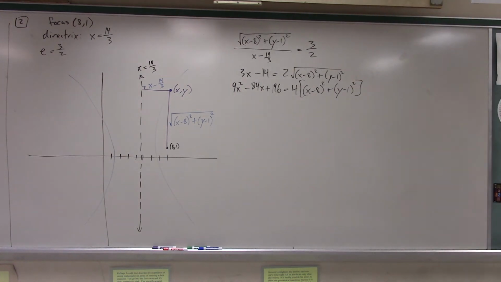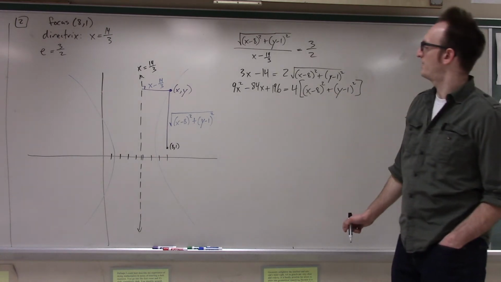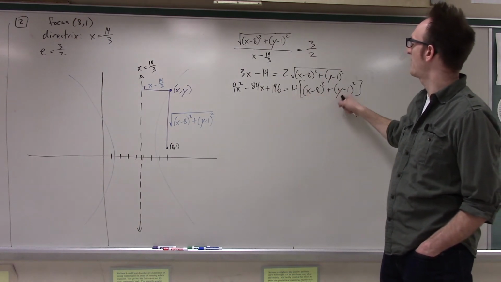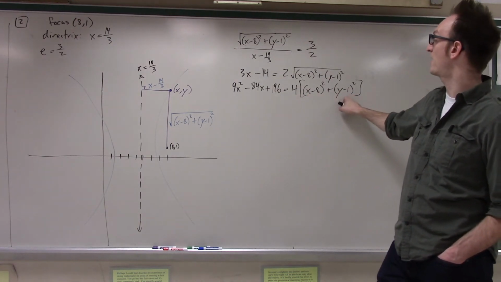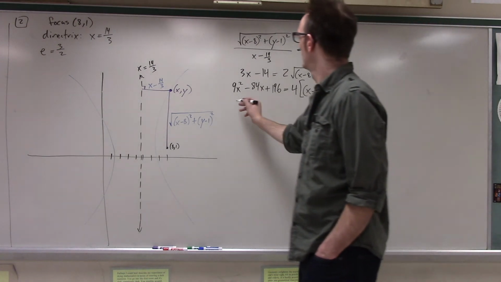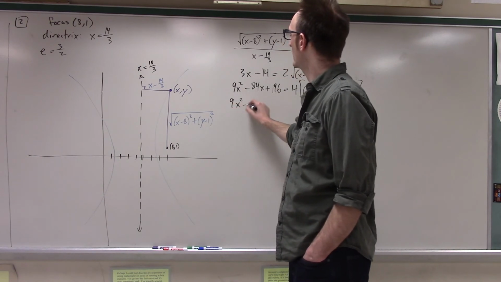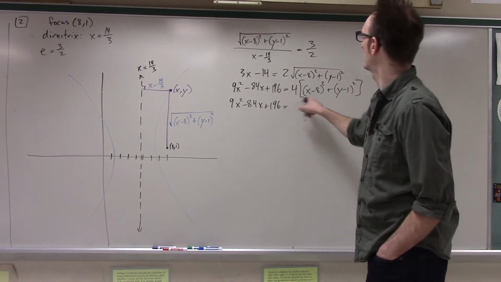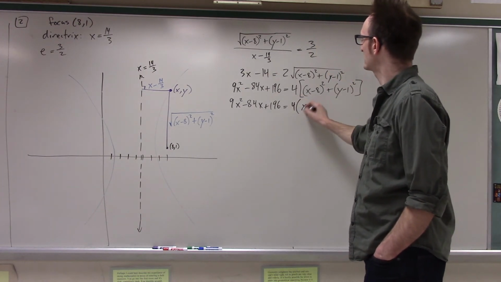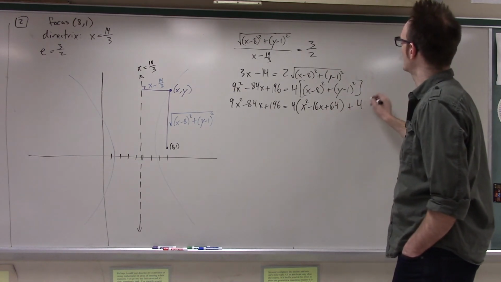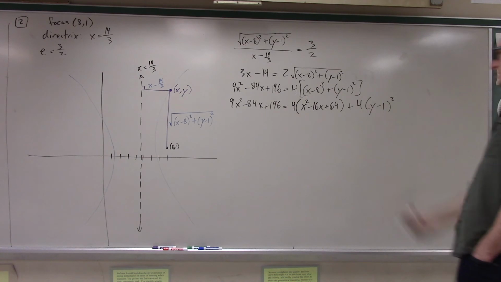And I think if you're being kind of smart about stuff, I have some x's over here, so I need to multiply out my x terms. But my y terms, I'm going to be completing the square anyway, or I've already completed the square, so don't mess with that. So this becomes 9x squared minus 84x plus 196 equals 4 times (x squared minus 16x plus 64). But here I'll just leave it as 4(y minus 1) squared.